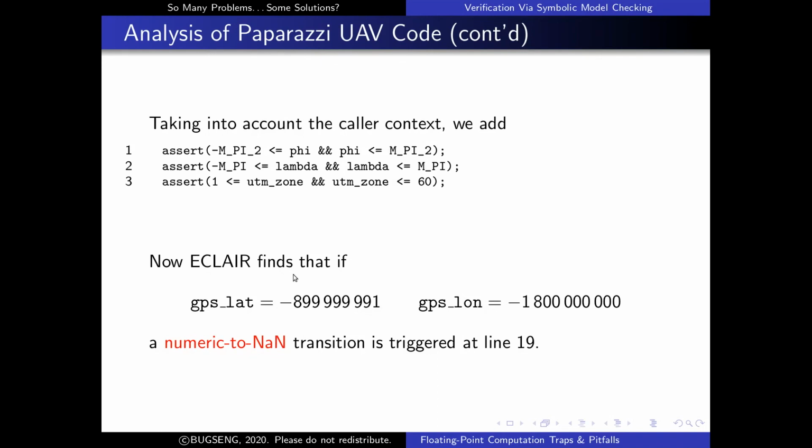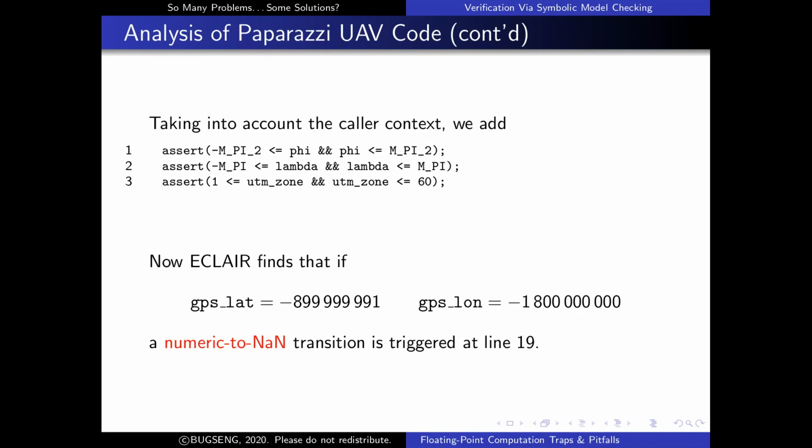ECLAIR gives an example that triggers this numeric to NaN transition. It's a very corner case, because this point is 10 centimeters from the South Pole. So this might happen if the drone was flying over the South Pole.